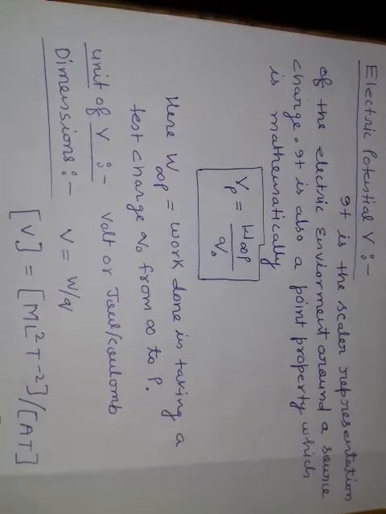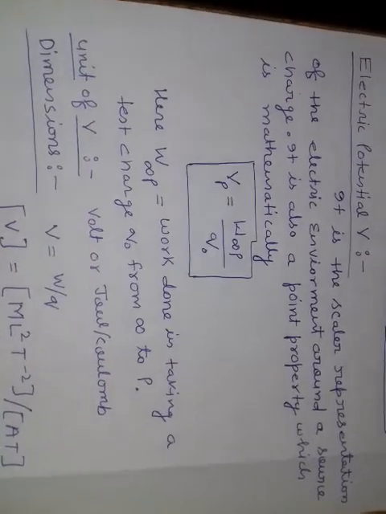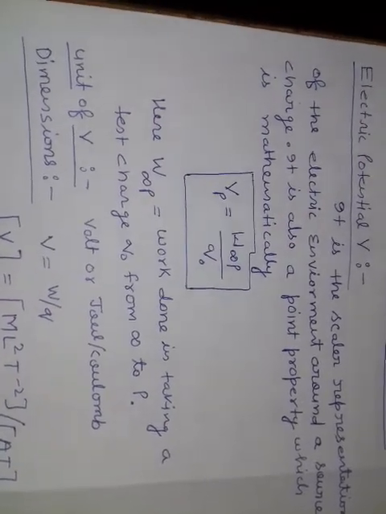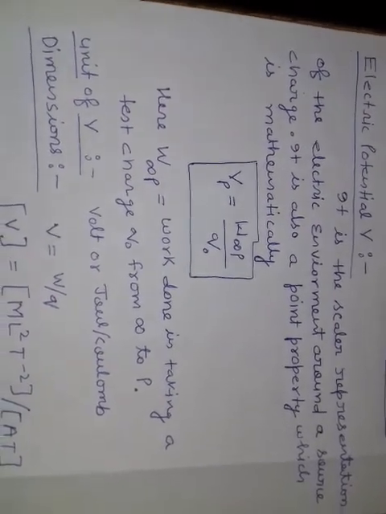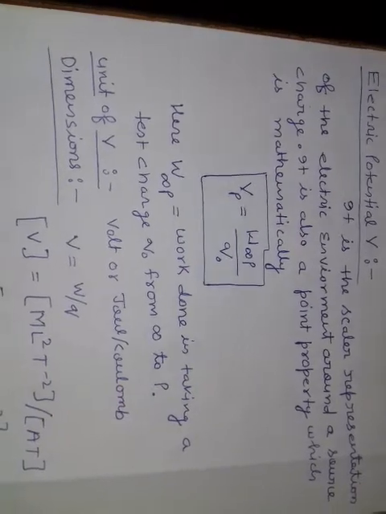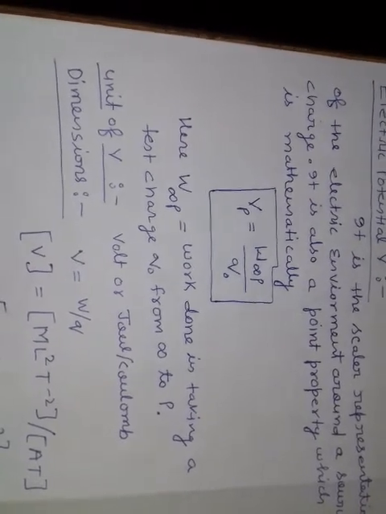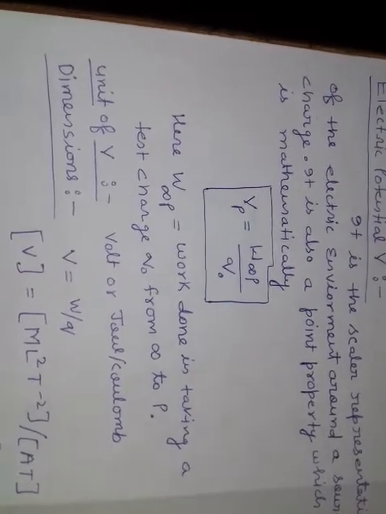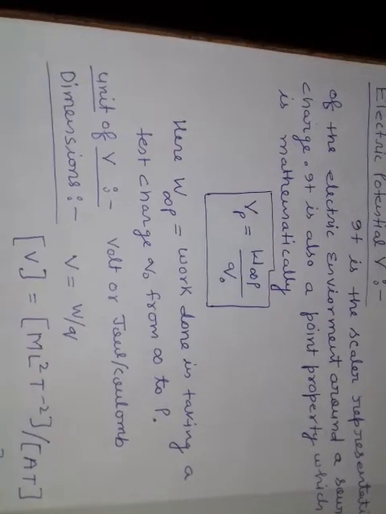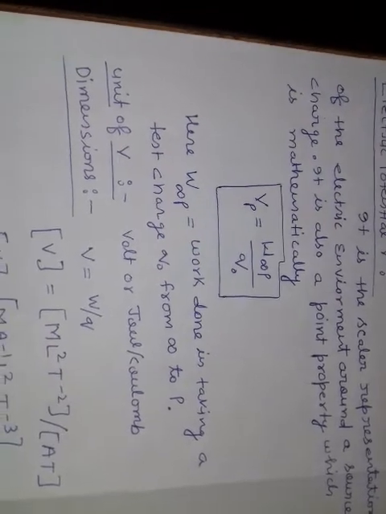Okay, so what we did, if we wish to calculate the electric potential at any point P, we have to bring our test charge Q naught from infinity to point P. We will calculate the work done in taking Q naught from infinity to point P, whereas to calculate the electric field we simply put the Q naught at the point P and calculate the force experienced by the Q naught, and then we divide this force by the magnitude of Q naught.